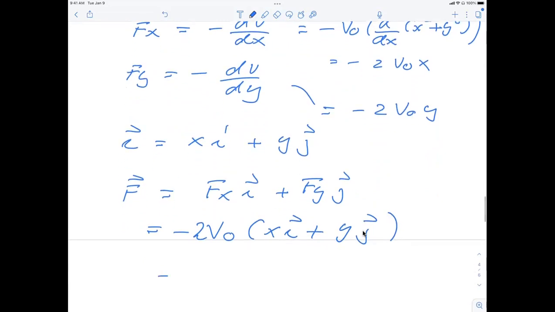And then you can rewrite this as minus 2 times v0 times r. So in case you were a little bit in doubt how you got back the vector, this would be for the r squared term.